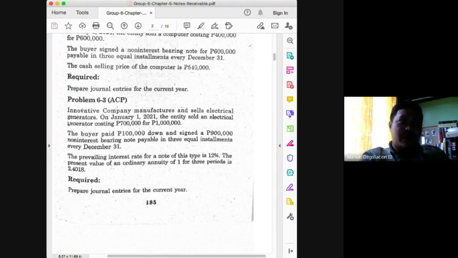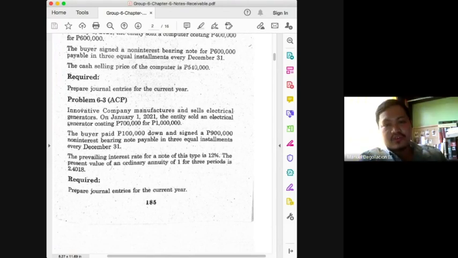But you have to be careful, class, in using your PV factors. Just like in this one, the PV factor is for an annuity. So you should not multiply 2.4018 with the 900,000. You multiply 2.4018 with the annual periodic payment, and in this case, the periodic payment would be 300,000. I hope everyone understands where we got 300,000.